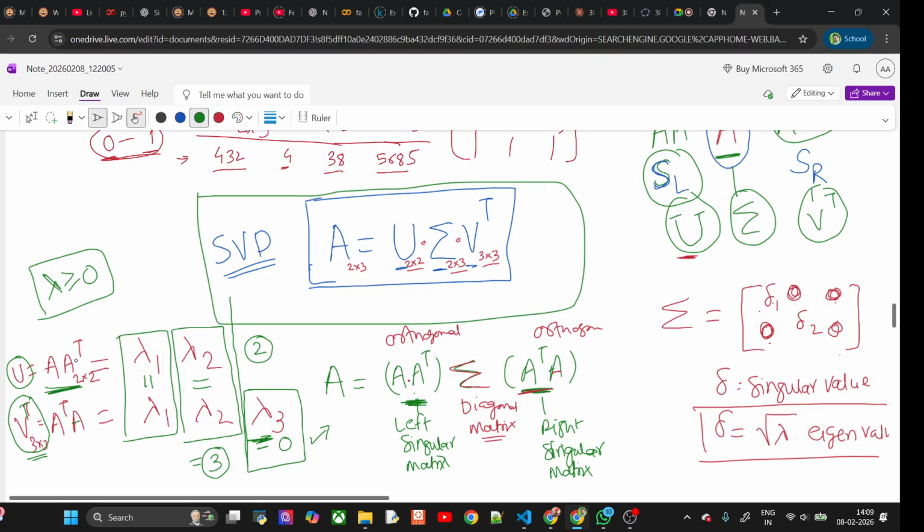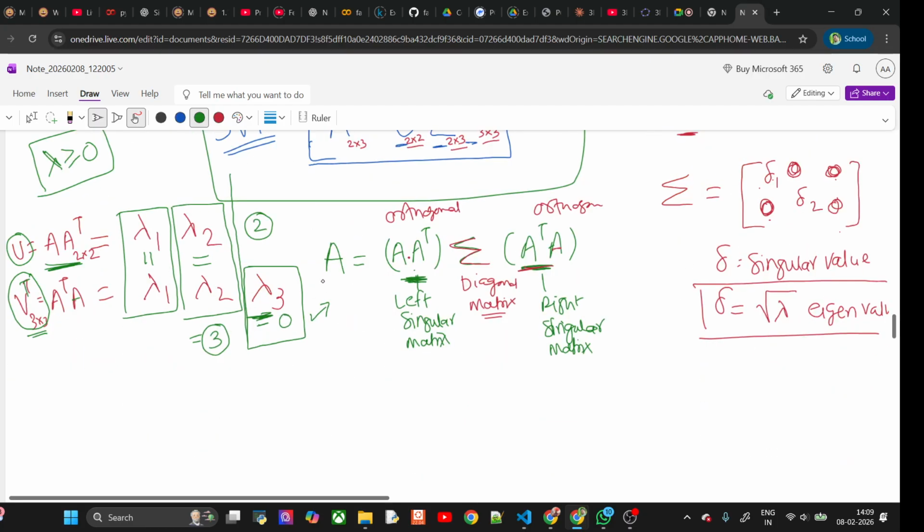So these non-zero eigenvalues, I am not talking about lambda 3, of A into A transpose. This is an important concept, I will write it down here, because this question will come in the exam as an MCQ. The non-zero eigenvalues of A into A transpose and A transpose A are similar.